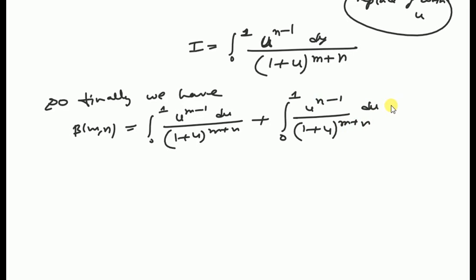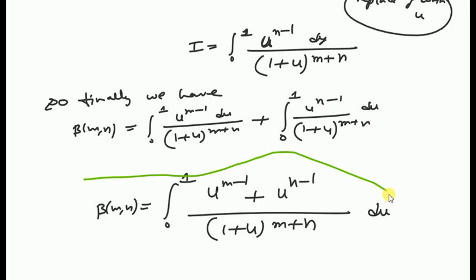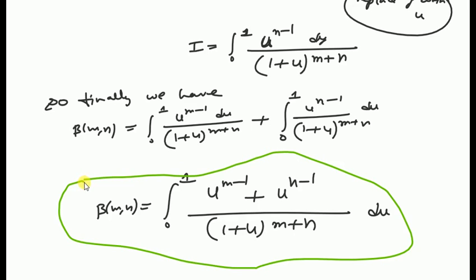So even this can be written as, beta mn will be equal to 0 to 1, the numerator u power m minus 1 plus u power n minus 1 divided by (1 plus u) power m plus n, and of course du. So this is again an important result you need to remember for future problem solving purposes. Okay guys, thank you.